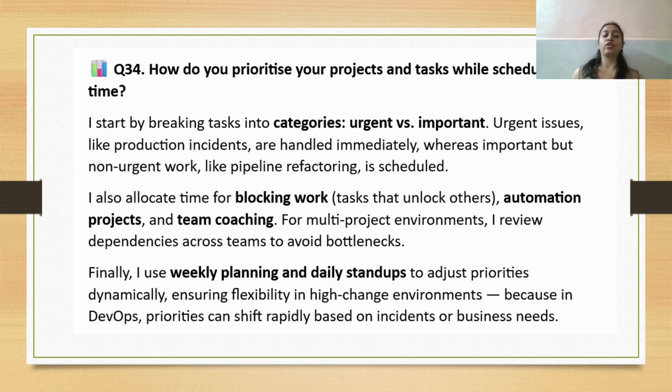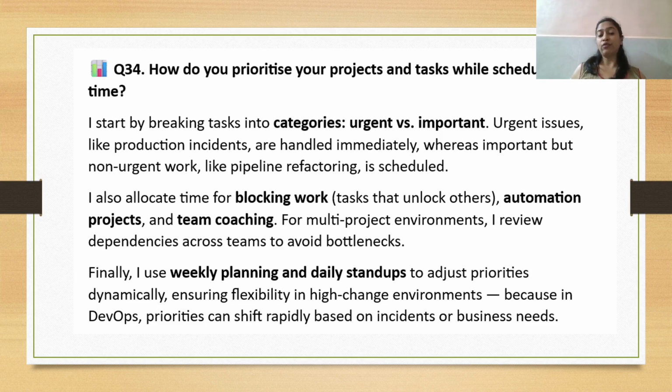The next question: how do you prioritize your projects and tasks while scheduling your time? I start by breaking tasks into categories: urgent versus important. Urgent issues like production incidents are handled immediately, a P1 or S1 ticket as we always call it. Important but not urgent work, like pipeline refactoring, is scheduled.